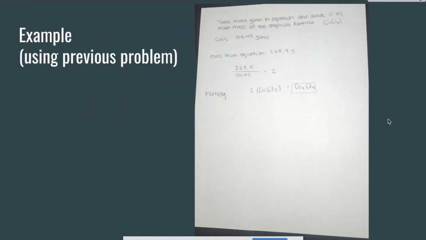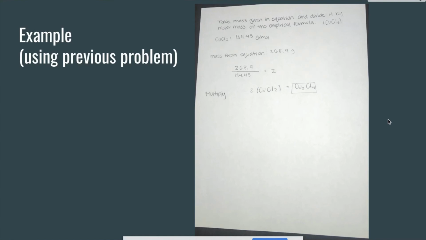This is an example using the same data from before. From before, in the equation, the given mass was 268.9. So you take that mass and divide it by the molar mass of the empirical formula. You could find that by using the periodic table, which you'll eventually get 134.45 grams per mole.